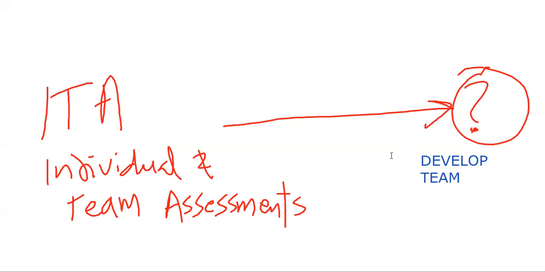In Develop Team, we carry out individual and team assessments, and you do know that is linked to what you get out, TPA, team performance assessments. So the output of Develop Team is team performance assessment, but we use individual and team assessments as a tool and technique. We have 2 left.